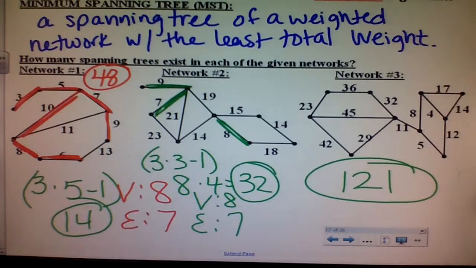So there's 3. There's 2 14s. Can we use them both? Yes. We're not creating a circuit, so we're good. So 1, 2, 3, 4, 5. What's next? 15. I need one more edge. 20. 21. We have to skip to 19. I can't use 18 because it will close this circuit. So we have to jump to 19.